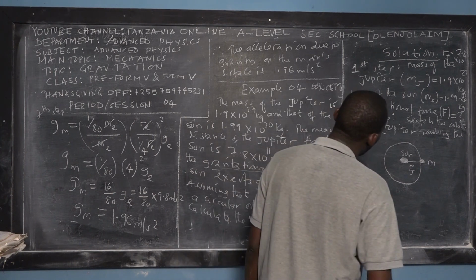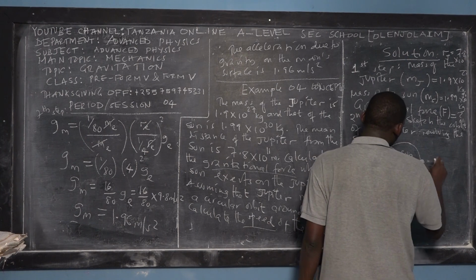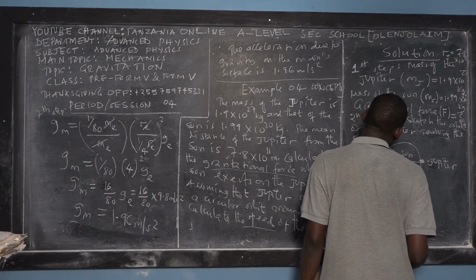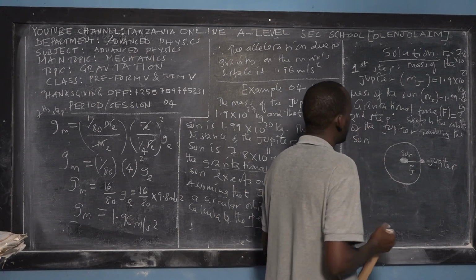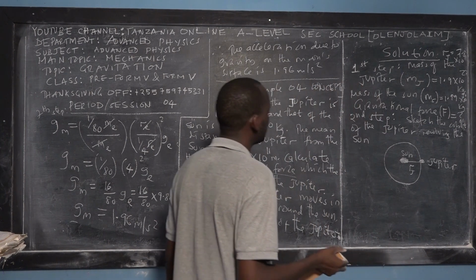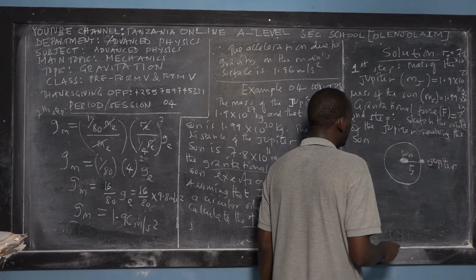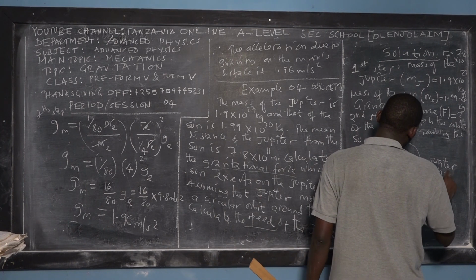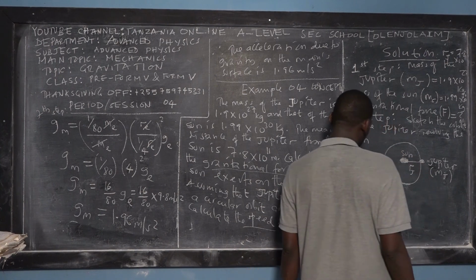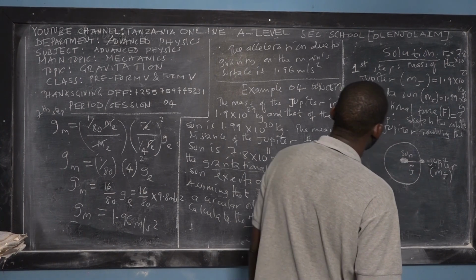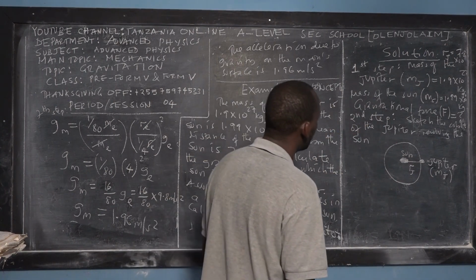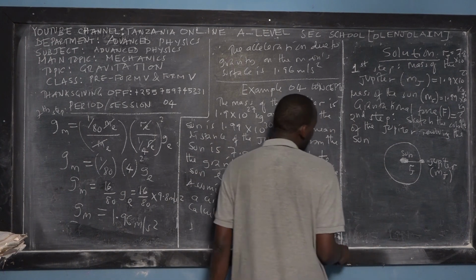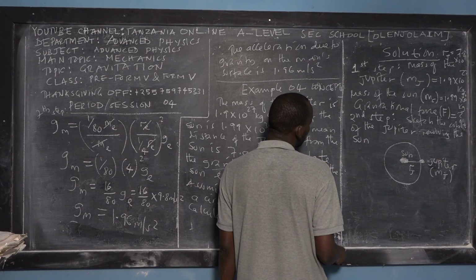Okay, so this is the planet Jupiter. And this Jupiter has its own mass, which we call the mass of Jupiter, given in the problem. Alright? So if this is the case, we go for the steady state.